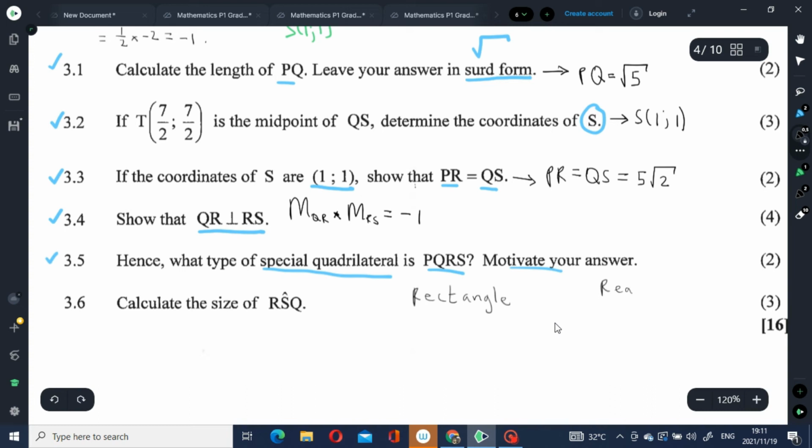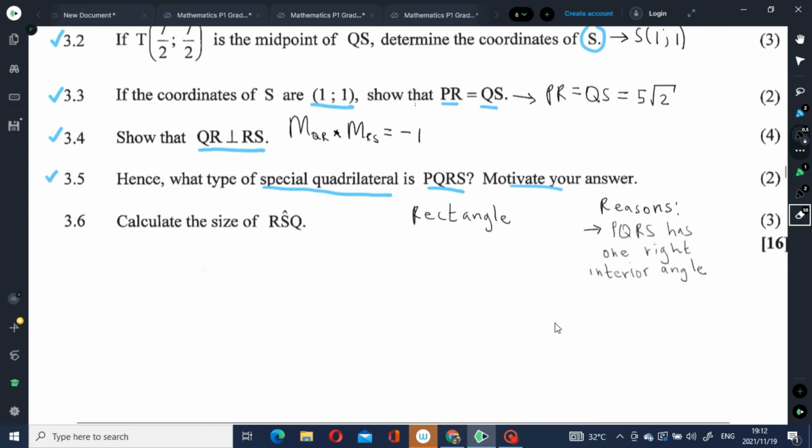So let me just write the reasons. It's a rectangle because quadrilateral PQRS has one interior right angle, a 90 degree angle.